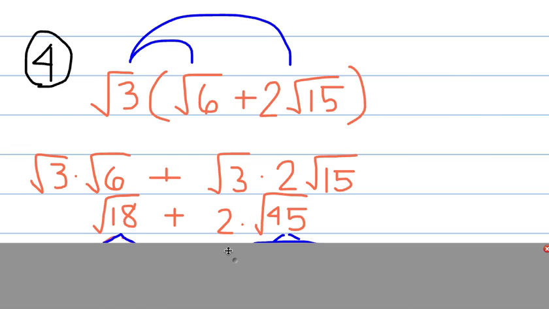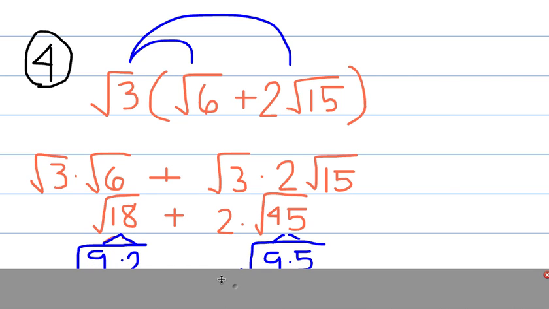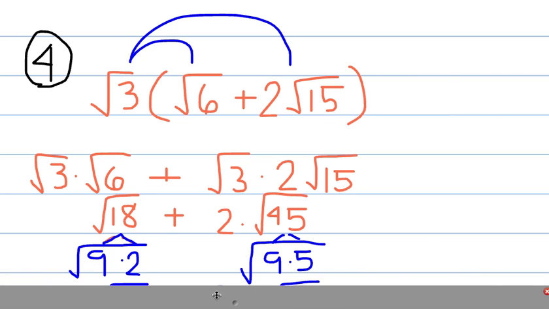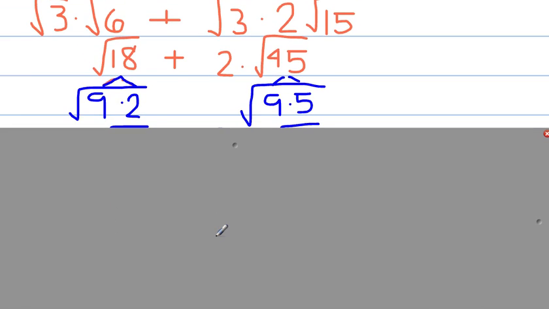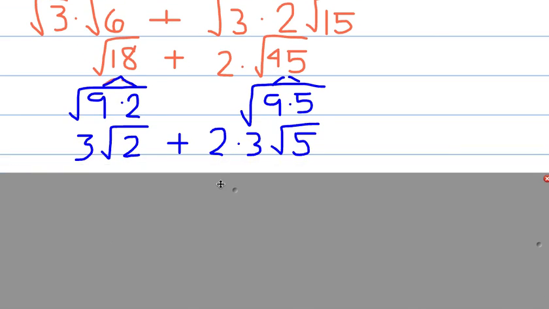But we want to make sure that these are completely simplified, which they're not, so we want to look for perfect squares within 18 and 45. We can see that 18 is a split of 9 and 2, and 45 is a split of 9 and 5, and 9 in both cases is a perfect square, so we can pull the 3 out in front of both of these.